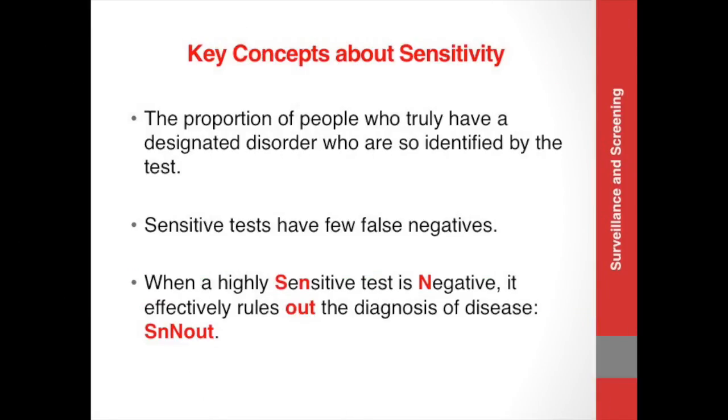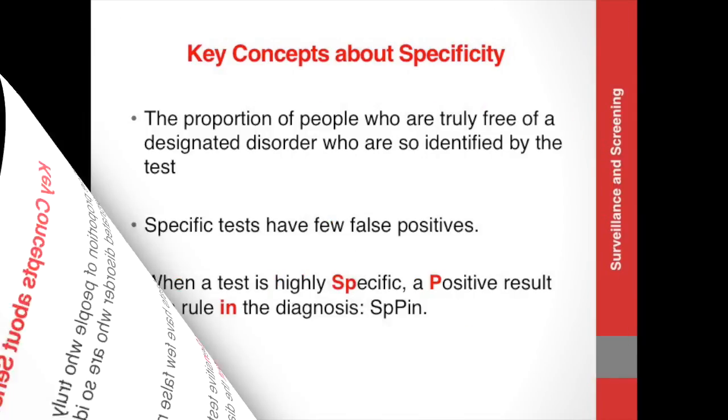Sensitivity indicates the proportion of people who truly have a designated disease who are so identified by the test. Sensitive tests have few false negatives. When a highly sensitive test is negative, it effectively rules out the diagnosis of disease.